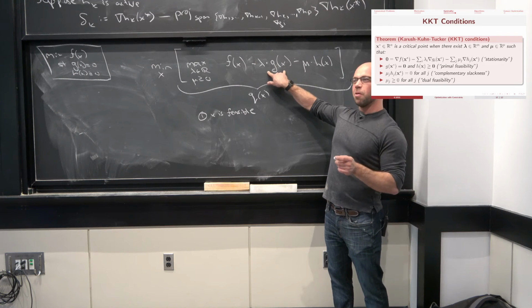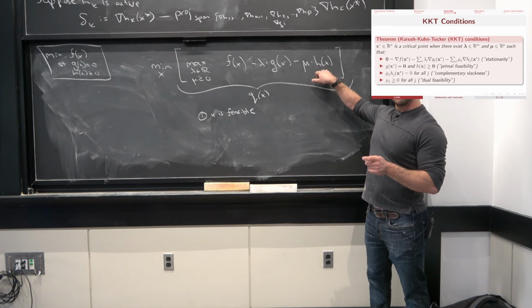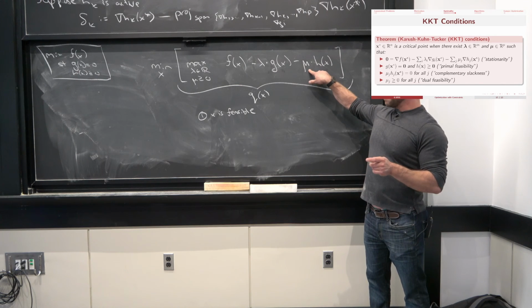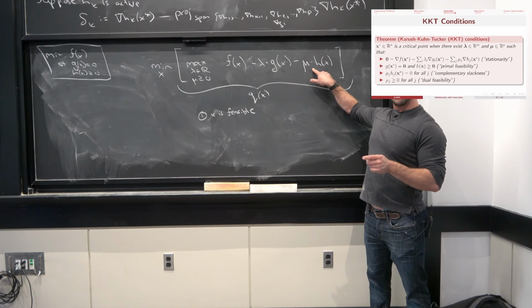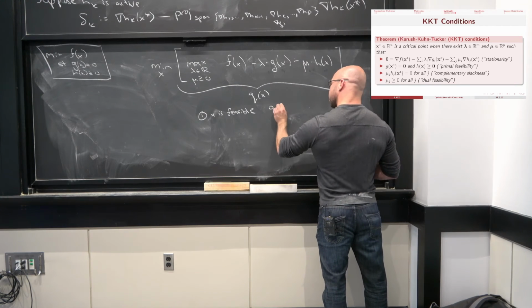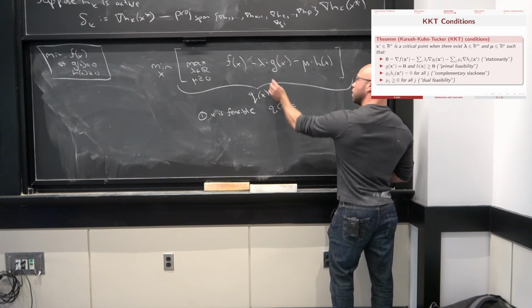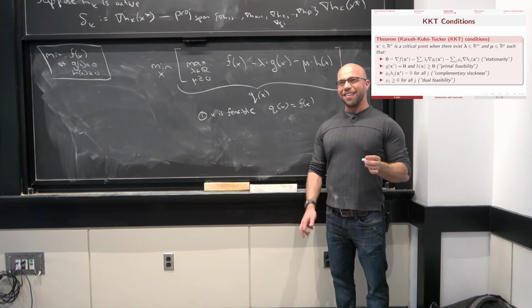Nothing. Moreover, if x is feasible, h of x is positive, right? Mu has to be positive. Notice there's a minus here. So what is the optimal mu? 0. So both of these things contribute nothing, and we have q of x equals f of x. So that's kind of sneaky.